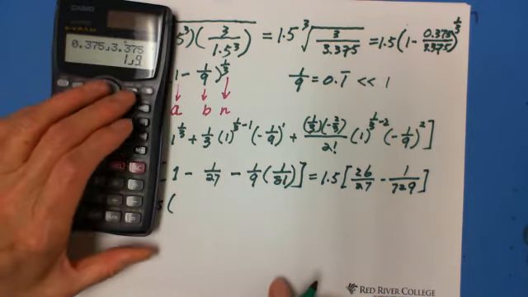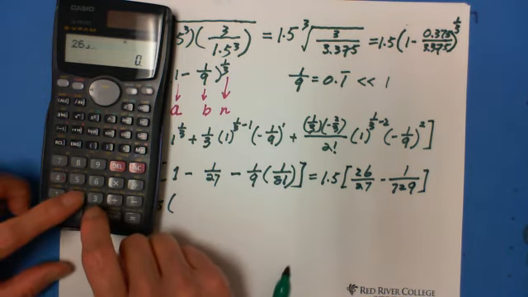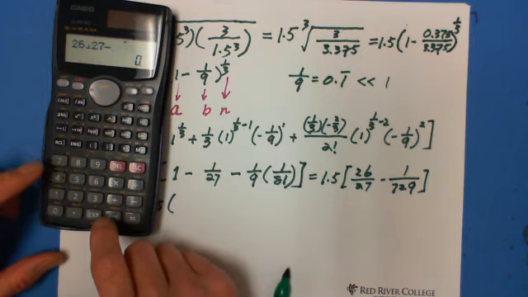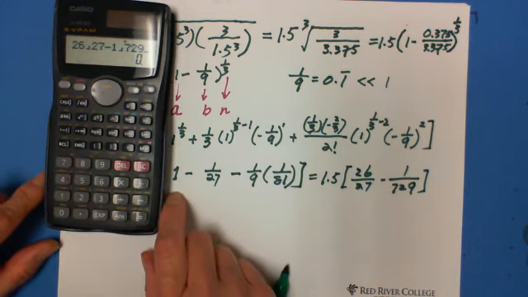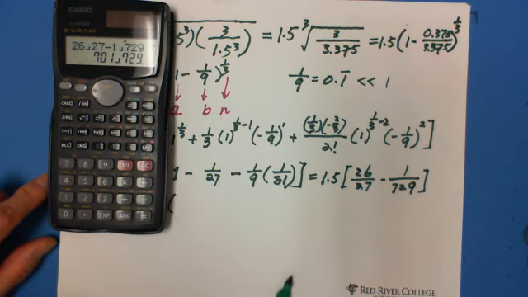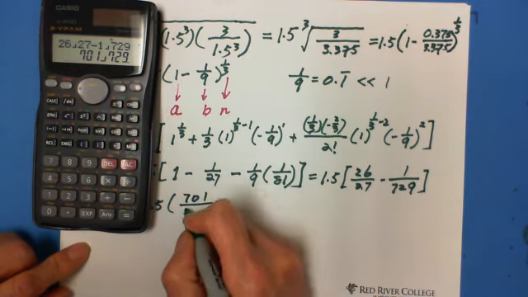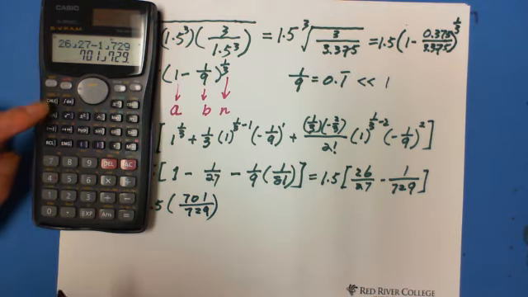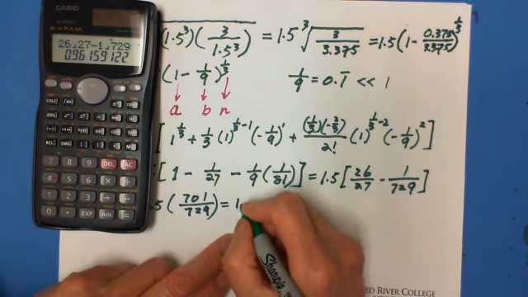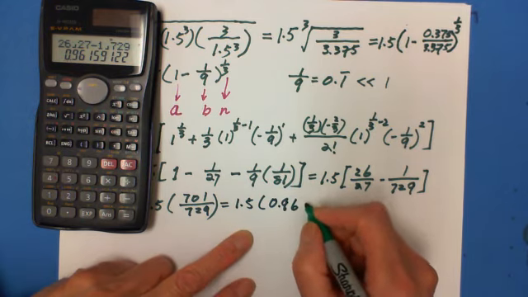Then we can use the calculator to calculate 1.5 multiplied by 26/27 minus 1/729. We change it to decimal, which equals 1.5 multiplied by 0.9616.